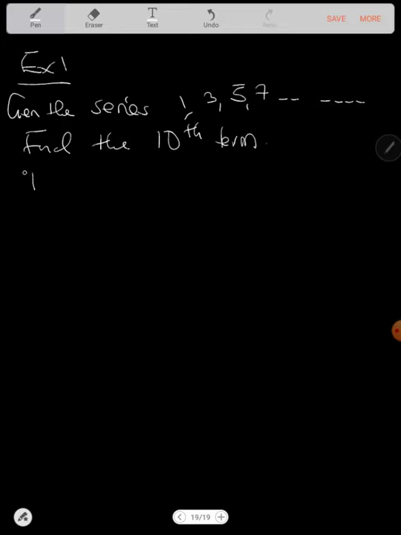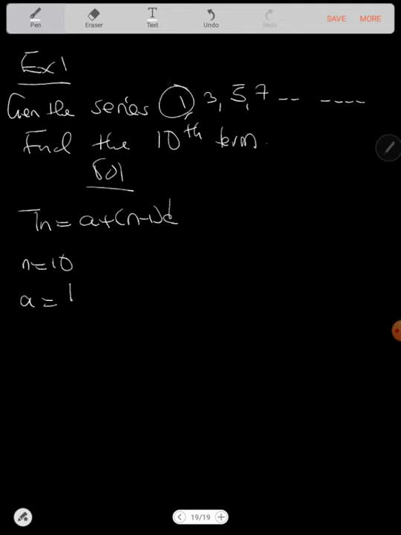First, you know the formula which we are going to use. Solution: the formula is A plus (N minus 1) times D. N in this case is 10, the number of terms that we're looking for. A is the first term, which is 1. D is the common difference, the second term minus the first term, which is 3 minus 1, giving 2.